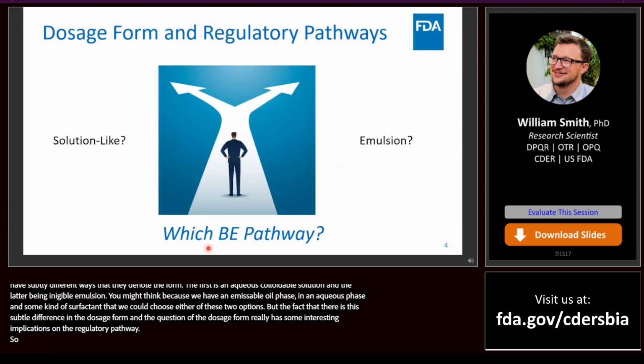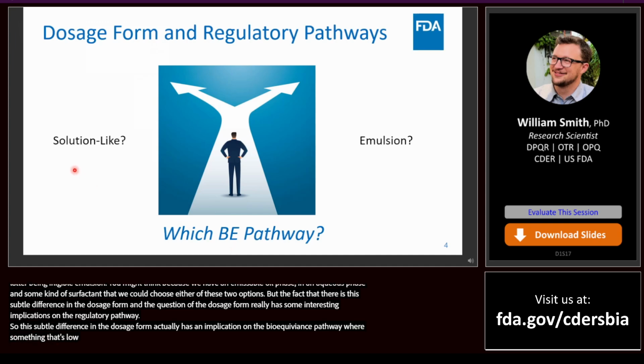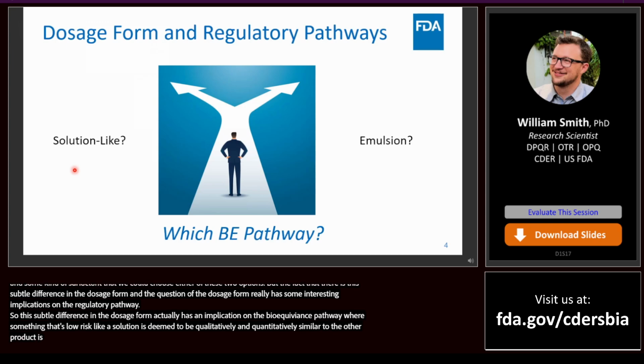So this subtle difference in the dosage form actually has an implication on the bioequivalence pathway, where something that's low risk, like a solution, if deemed to be qualitatively and quantitatively similar to the other product, is assumed to be therapeutically and bioequivalent.